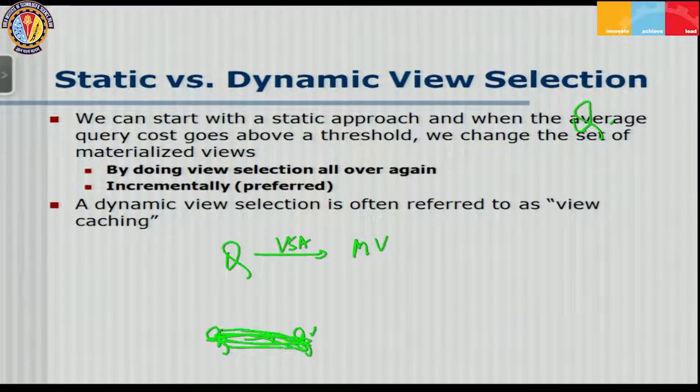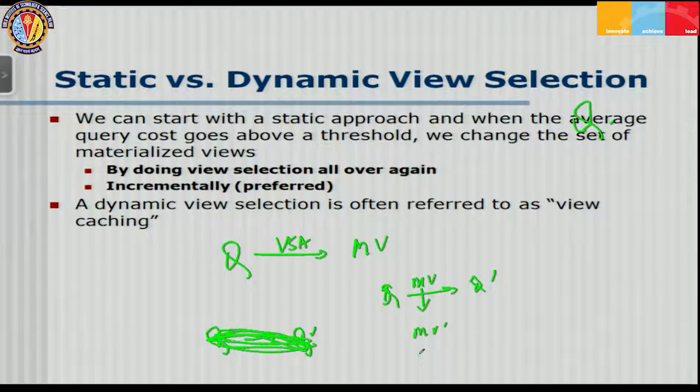So either I do it like this, or, as I move from Q to Q dash, I incrementally change my materialized views to MV dash. I would want to do it incrementally, because running the view selection algorithm all over again could be very expensive.